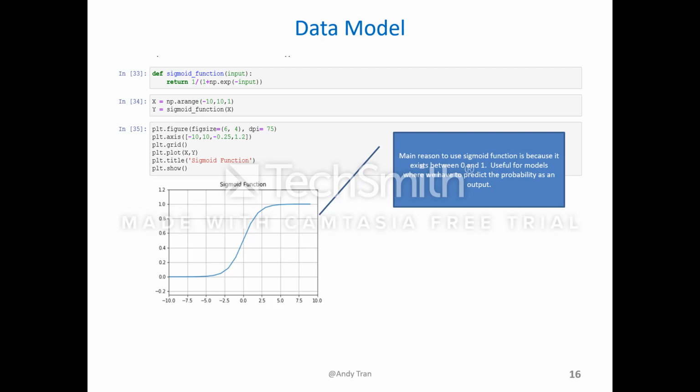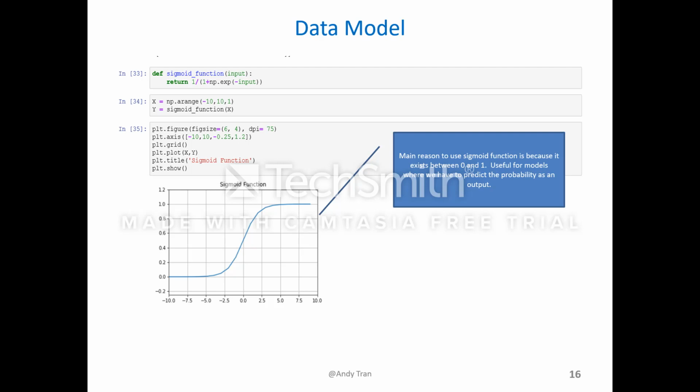As far as the model, the neural network, it's using the derivative and the activation function. The main reason is the sigmoid function. The sigmoid function is a curve-like shape. The reason why we use the sigmoid function is that it falls between 0 and 1.